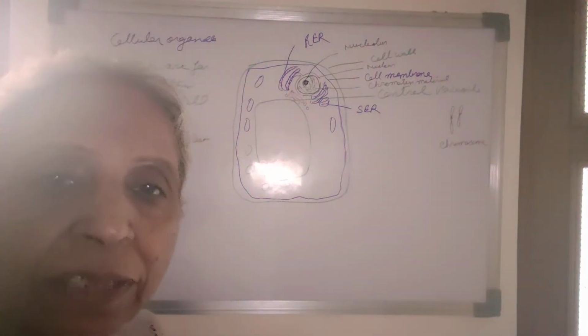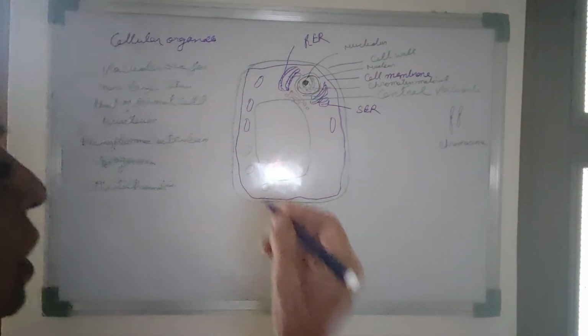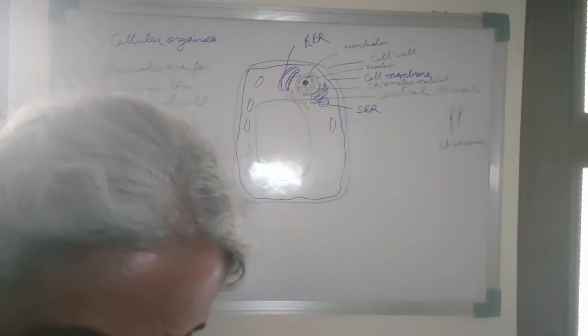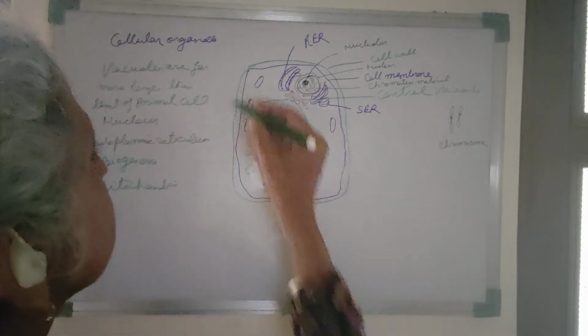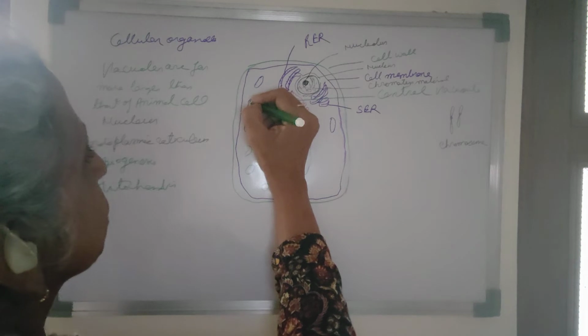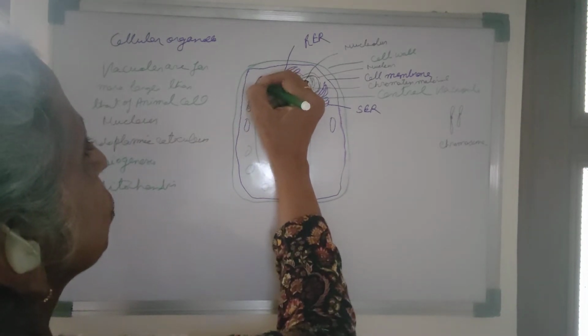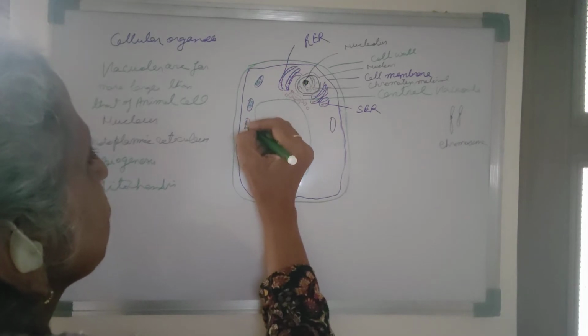They require less energy than the animal cell. These mitochondria are double-walled structures. The outer layer is smooth and the inner layer is folded into cristae.